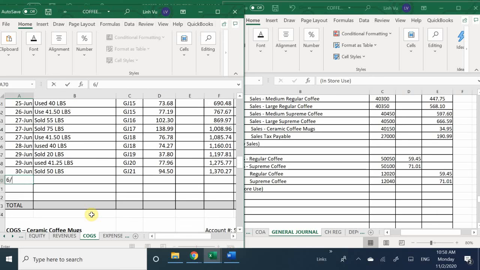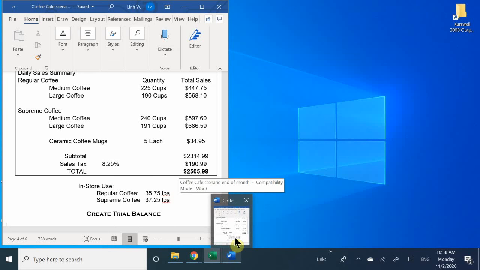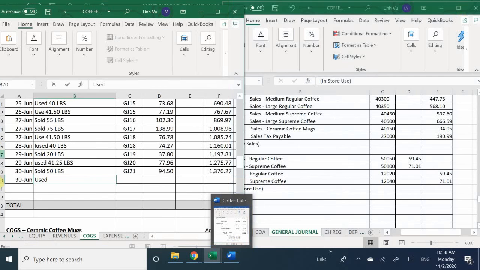All right. Lastly, let's go ahead and update our cost of goods sold for Supreme Coffee. So $630. Okay. So how many pounds did I use for the Supreme Coffee? 37.25 pounds, LBS.